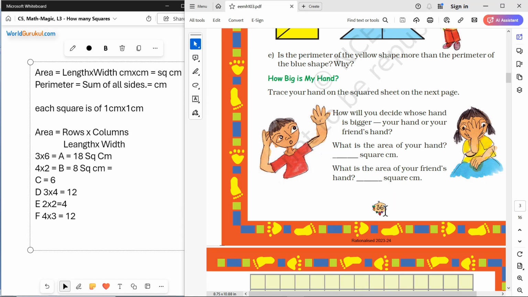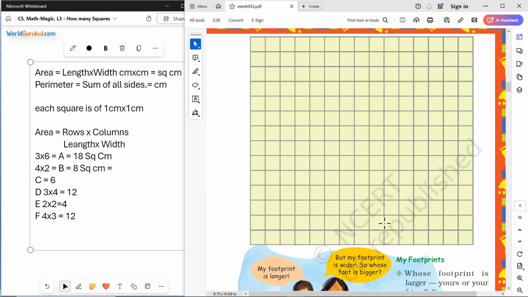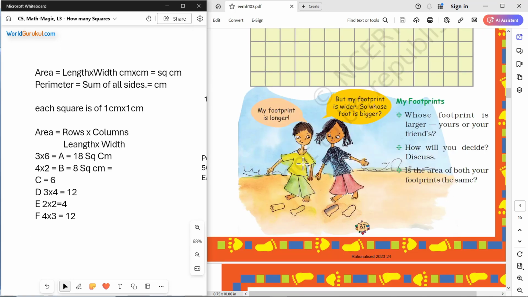It's easy to tell whose hand has more area or is bigger. Similarly, you can stamp your feet and make footprints, you and your friends, and you can measure them visually as well as by doing some tracing. You can find out whose footprint is bigger or smaller, right?